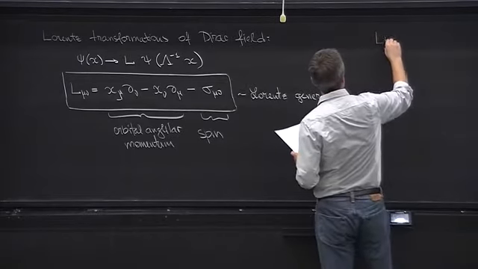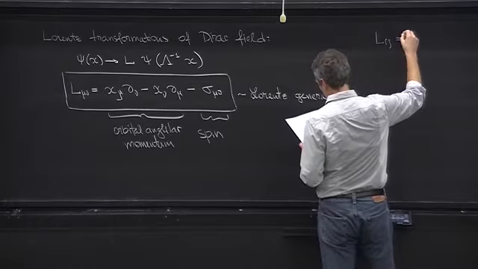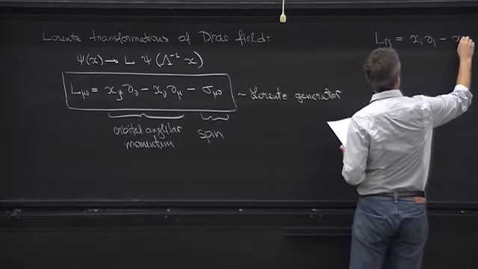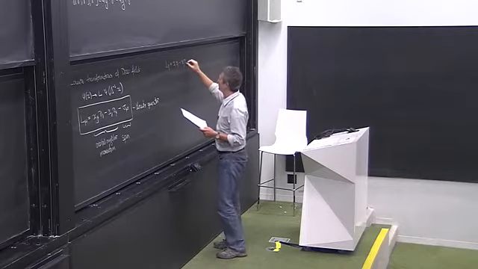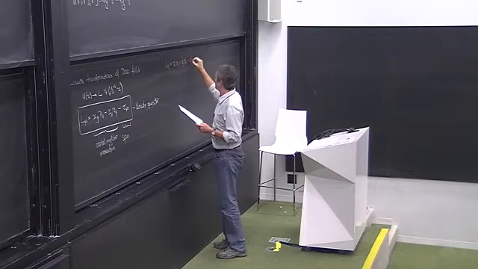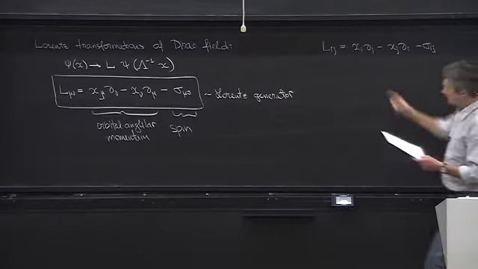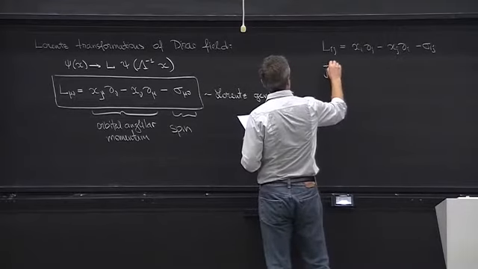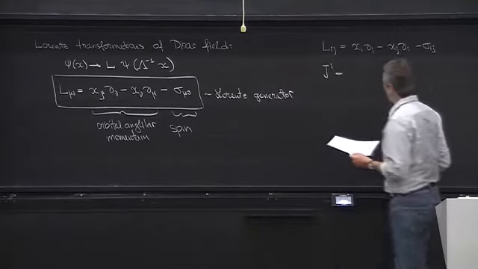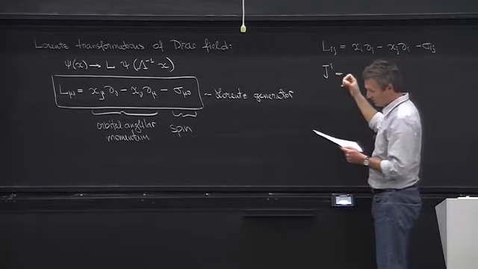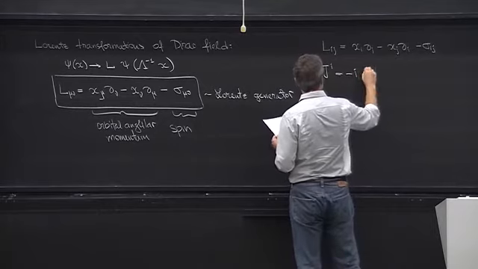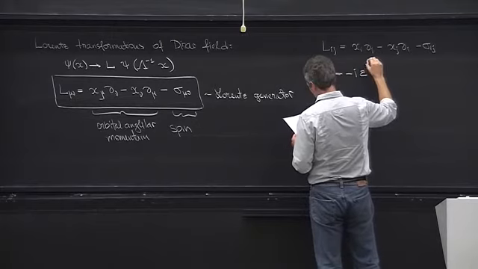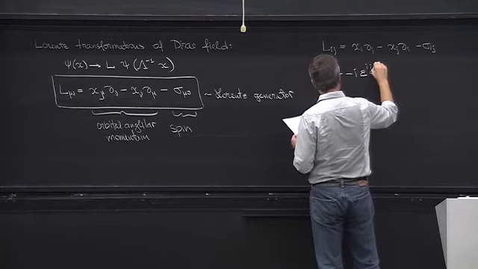If we restrict our indices to be the spatial indices, we get the usual angular momentum, from which we can get the vectorial form of the angular momentum, about which we have some intuition from non-relativistic quantum mechanics.